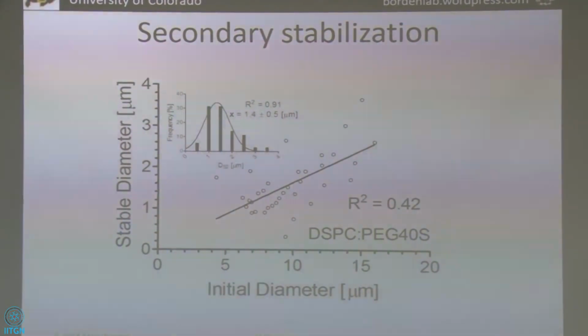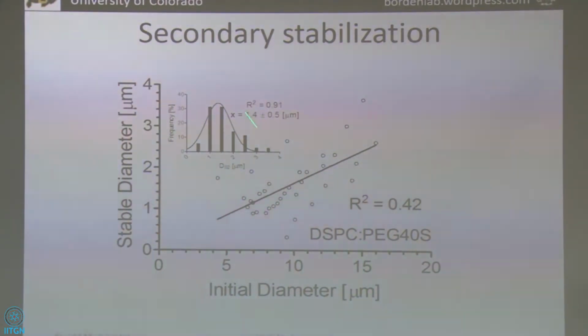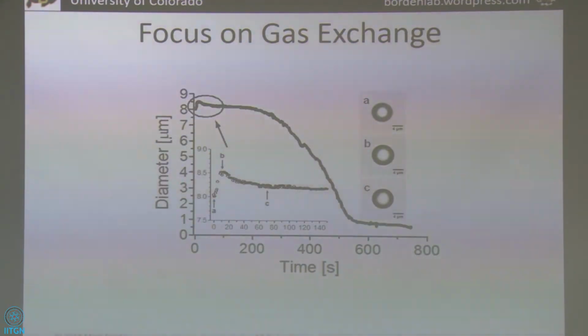We call this the stable diameter, and this has been observed in many different types of experiments. It's been observed in acoustic dissolution experiments where you hit them with pulses and cause them to dissolve down to the small size, in the 1 to 2 micron diameter range, and then they stabilize for long periods of time.